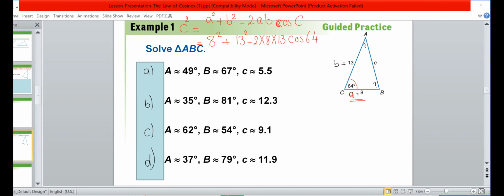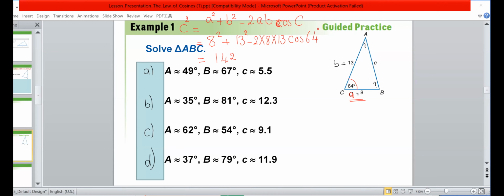Do you have your calculator? Actually, no. Okay, just use my calculator quickly. So I just write 8 power 2 plus 13 power 2 minus 2 times 8 times 13 multiplied by cosine 64, then equal to approximately 142.